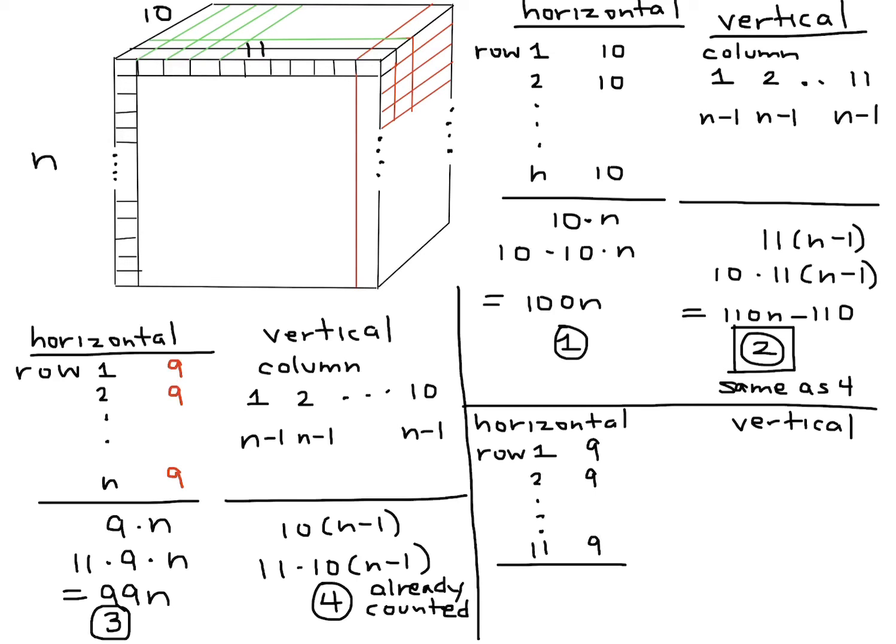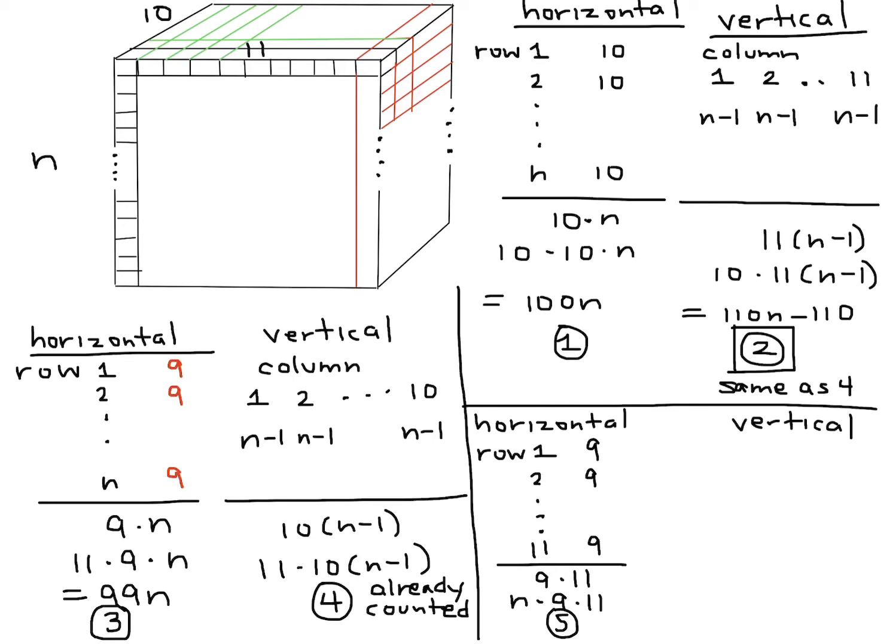So the total here is actually 9 times 11. But as always, we have to consider that that's only one slab, and there's a bunch of other slabs going down, right? And how many slabs do we have in this orientation? N. So this total is n times 9 times 11. All right? And I'll call that scenario 5, like this.